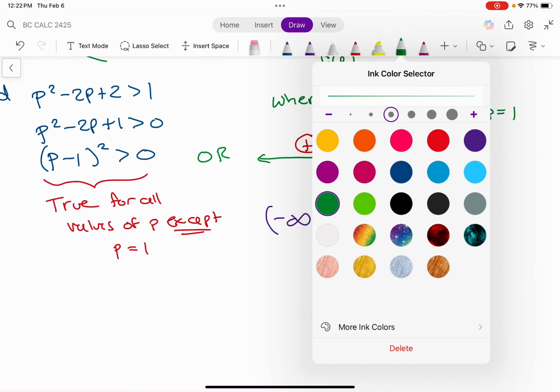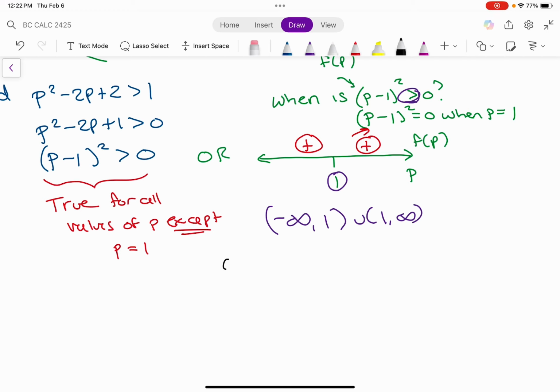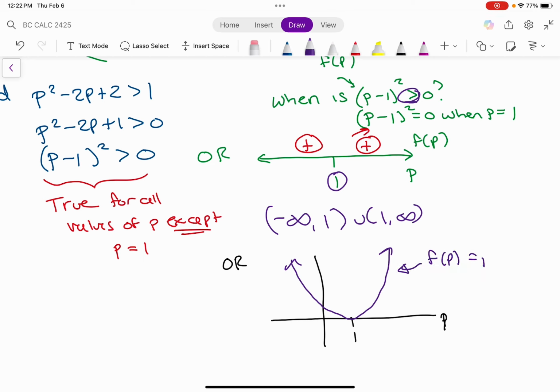Actually, maybe while I'm lingering on this, if you think graphically, just note that p minus 1 squared is a parabola. It's like x squared shifted right 1. So it's going to look like this. If your brain thinks graphically, the function p minus 1 squared is a parabola, and the only time it's not positive is right there at 1.